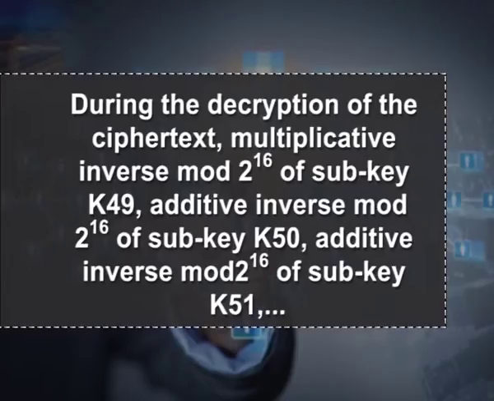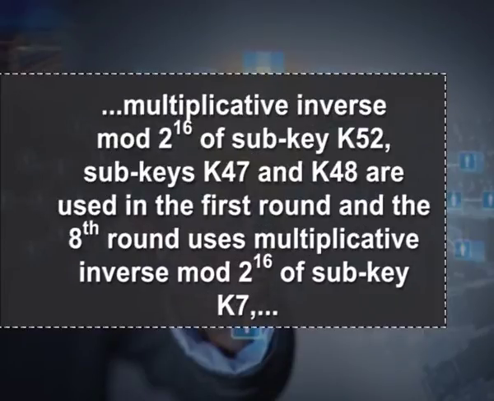During the decryption of the ciphertext, the multiplicative inverse mod 2^16 of subkey K49, additive inverse mod 2^16 of subkey K50, additive inverse mod 2^16 of subkey K51, multiplicative inverse mod 2^16 of subkey K52, and subkeys K47 and K48 are used in the first round.